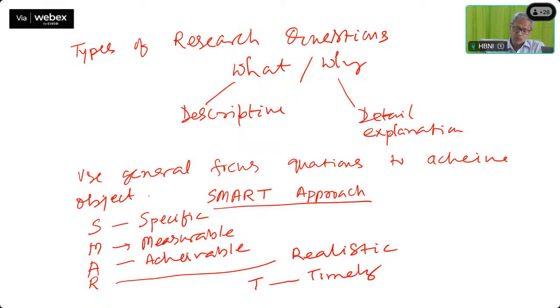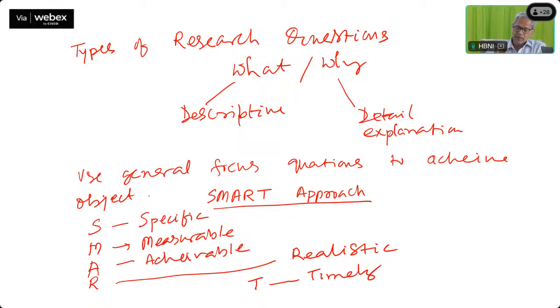You must see your research questions is such that it is addressing a very specific aspect, and it should be measurable. The aspect you are trying to study, that should be measurable. That means it should be quantifiable.